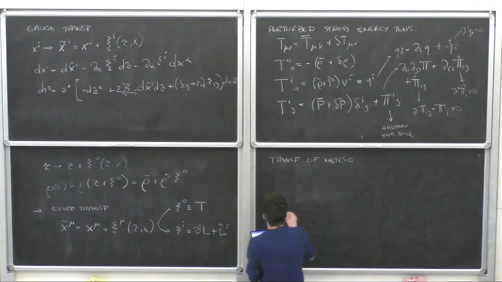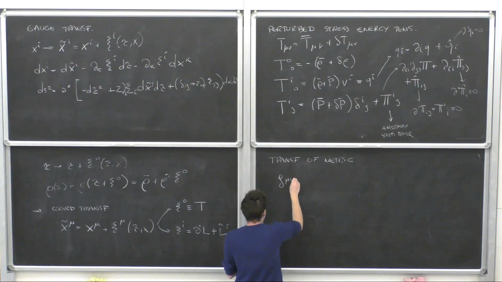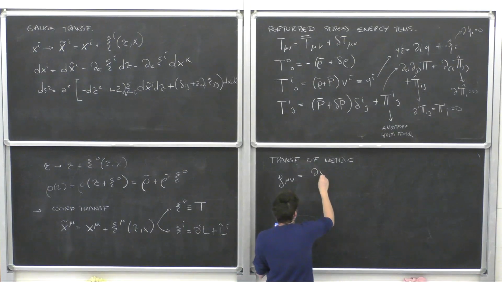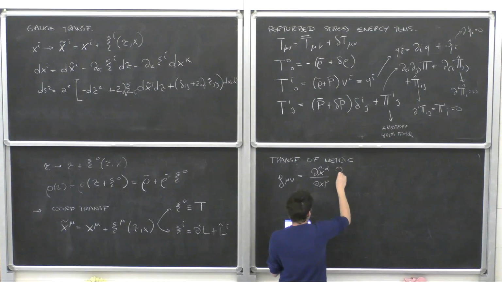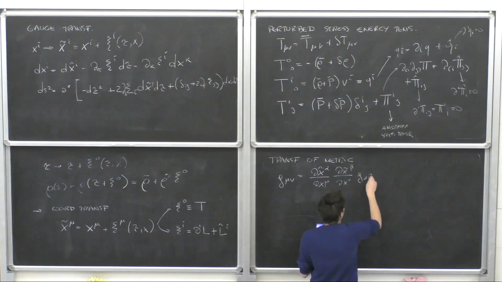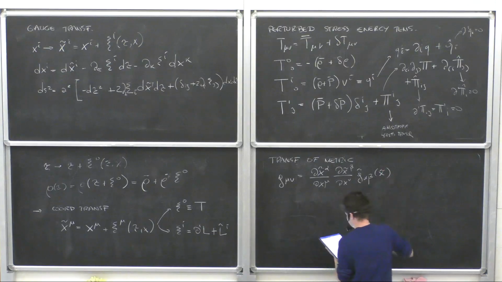Okay, so well, we start, you know, the transformed g mu nu is dx alpha over dx mu, dx beta over dx nu, g alpha beta, okay?